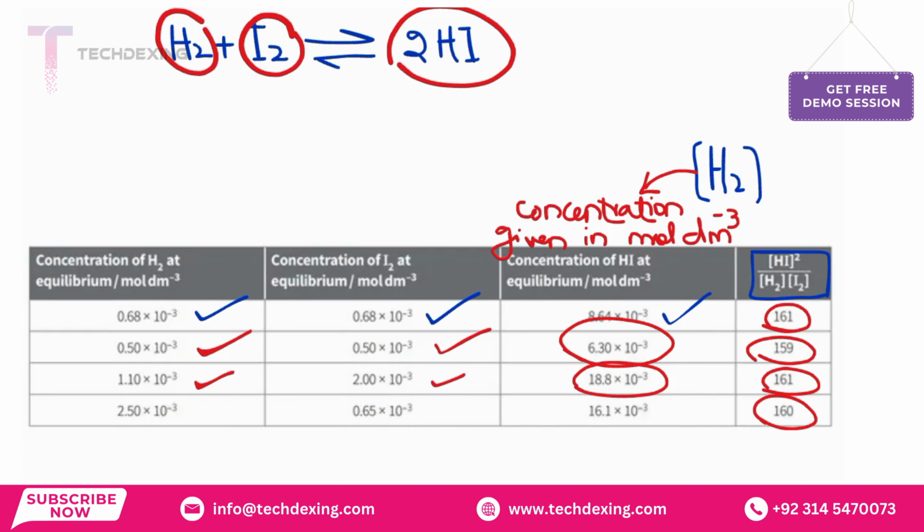And we can say that on average, the ratio of concentrations is coming out to be 160. Got it?